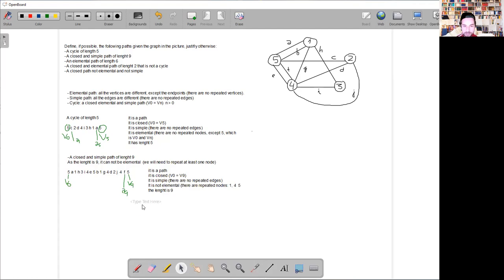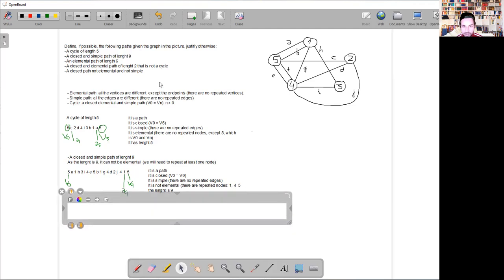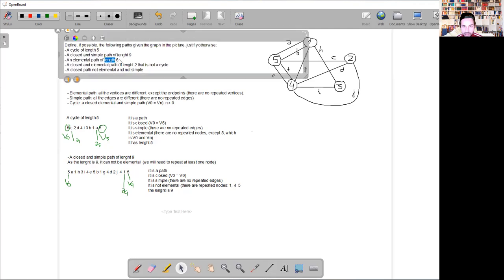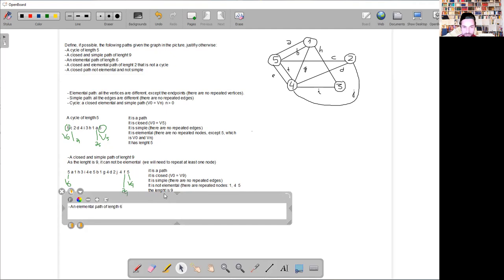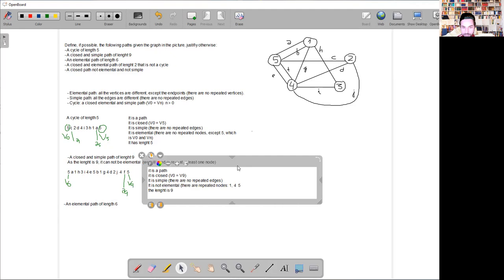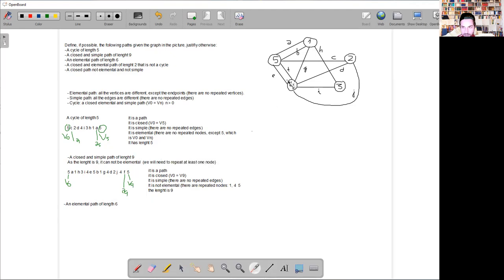Right, so it's okay. Let's go to the next question, which is an elemental path of length 6. So all the vertices must be different, right? In this case, all the links must be different.